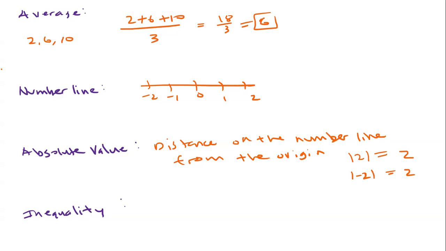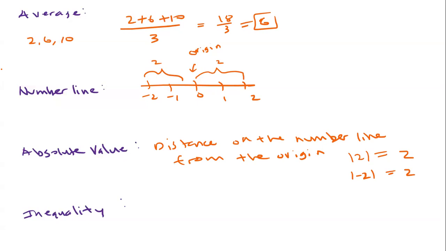So it's saying here is the distance on the number line from the origin. This is our origin here. If I wanted to take the absolute value of 2, well, the distance from the origin is 2, right? So it's 2 away on the right side, and it's also 2 away from the left side. So that's why it's always positive.